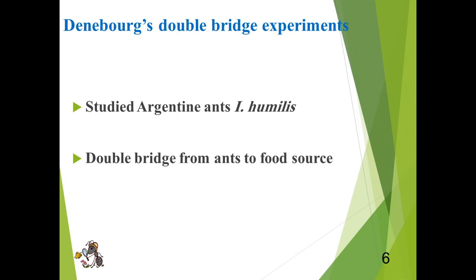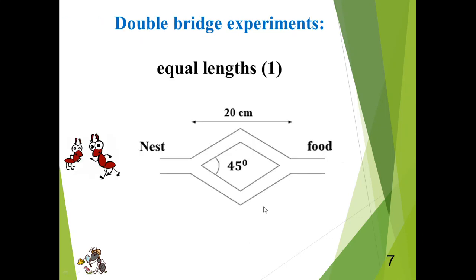Now the double bridge experiment. The number one studies Argentine ants with a double bridge from the nest to the food source. The first case is equal length double bridge experiment.